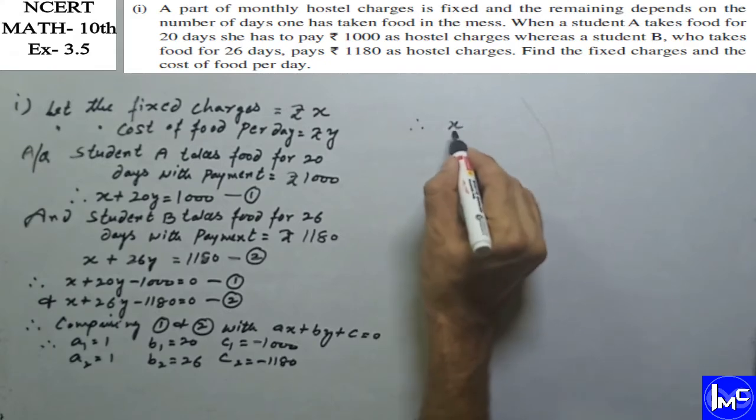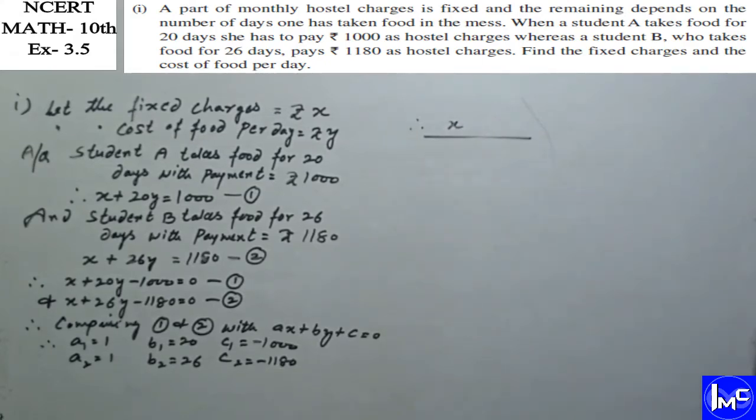And so, therefore, x over will be the multiplication of this into this minus this into this minus this.